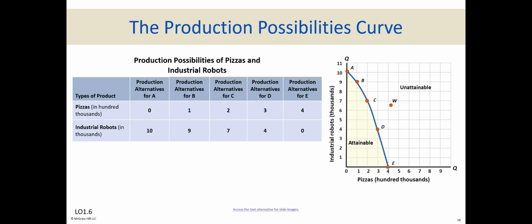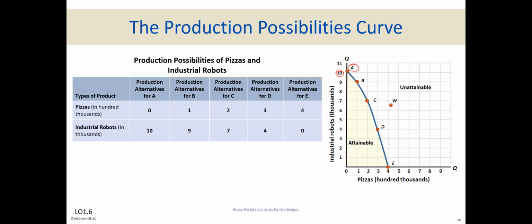So here, on the production possibility frontier, industrial robots represent capital goods, and pizzas represent the consumer goods. Let's say point A represents that we use all our resources, all factors of production. In this case, let's assume we have only one factor of production, labor. To produce industrial robots, we get 10 robots.